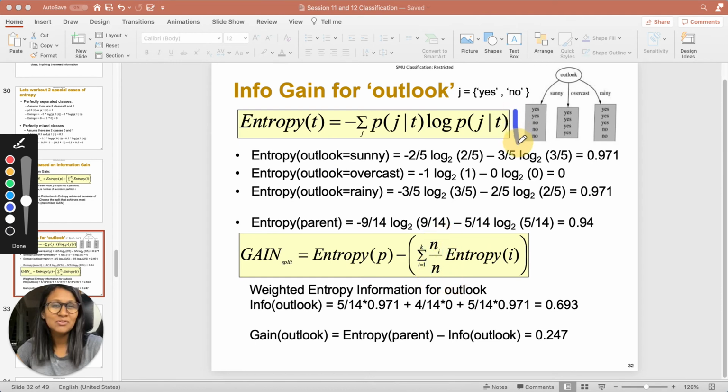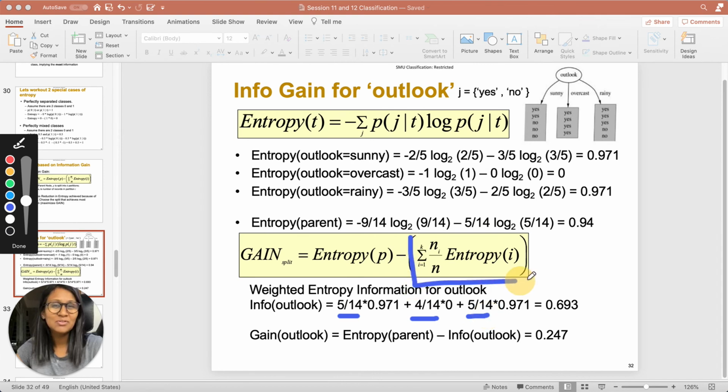It is 5 upon 14 for the first node, 4 upon 14 for the second node, and 5 upon 14 for outlook equal to rainy, because out of the 14 observations in the root node, 5 observations have gone into outlook equal to rainy. So you see, these are the weights that I'm talking about.